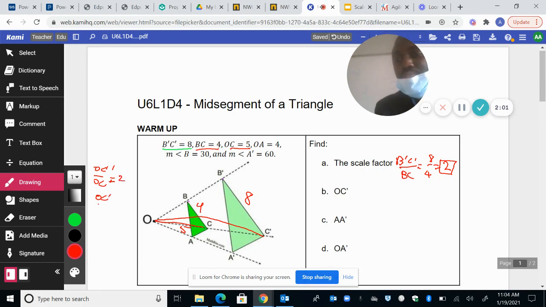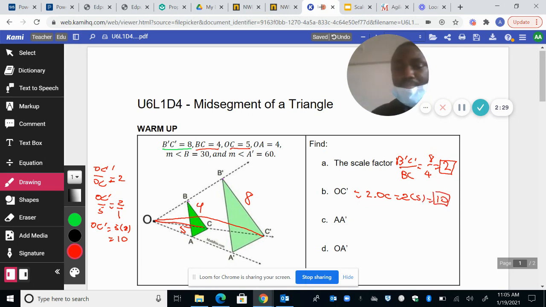We don't know OC prime, but OC is 5, so OC prime over 5 equals 2, which can be written as 2 over 1. When you cross multiply, OC prime equals 5 times 2, which is 10. So OC prime is 2 times OC, which is 2 times 5, which is 10.